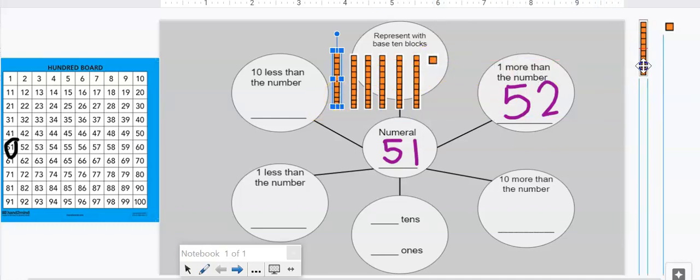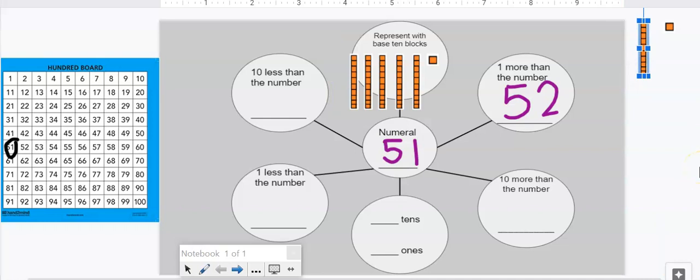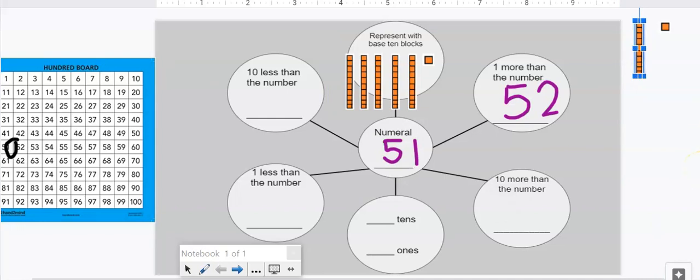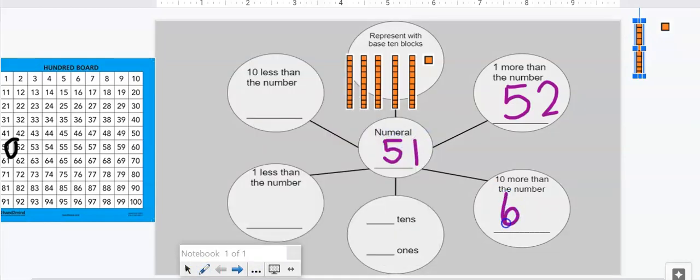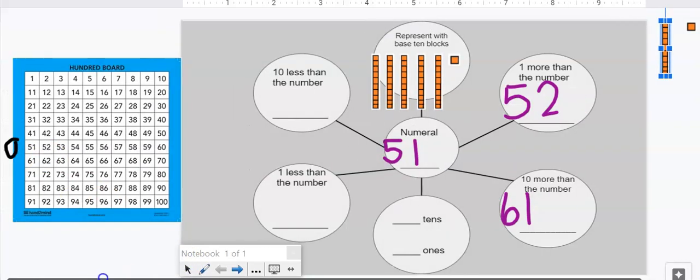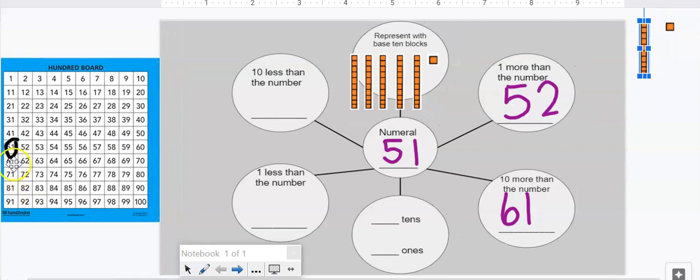So if I were to add 10 more, I would have 61. I'm also noticing on the 100 chart, if I go from 51 and I add 10 more, I have 61.